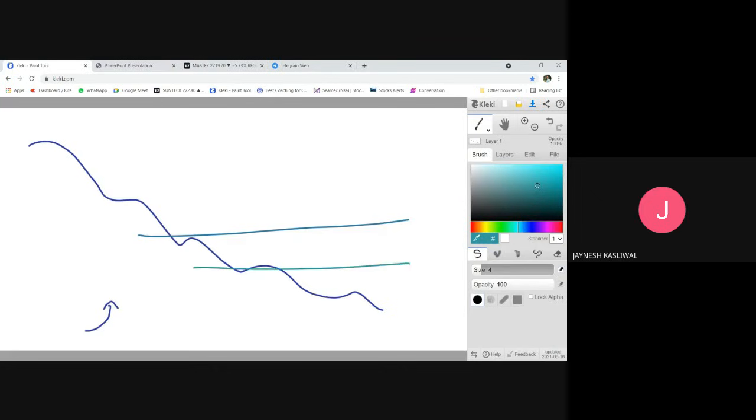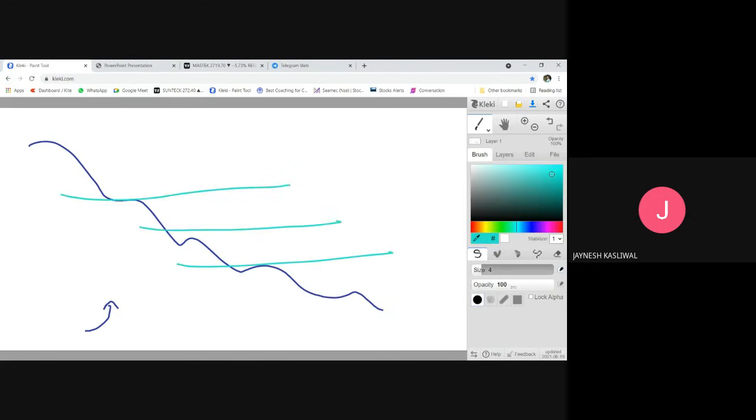What are the obstacles that you can see? Obstacles are nothing but resistance areas. The second thing is you will face a lot of problems from sellers that are present here. That means the policeman will fine you for trading into the wrong trend. Fine means what? You will face losses.